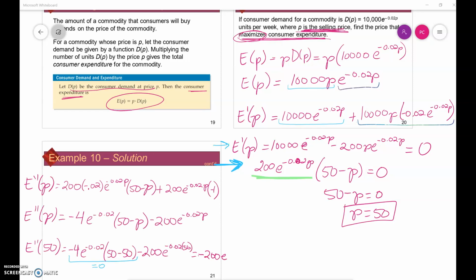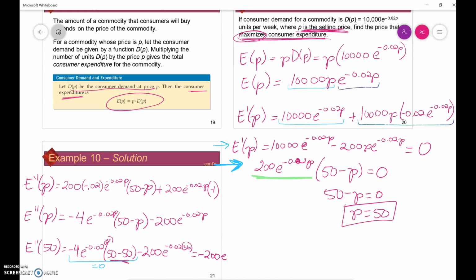Pause the video and let's take the second derivative and prove that we do have a maximum. If you take that second derivative, what you end up with is negative 4 e to the negative 0.02 p times 50 minus p, minus 200 e to the negative 0.02 p. If you plug in 50 for all the different p's, the very first term turns to 0 because of the 50 minus 50.